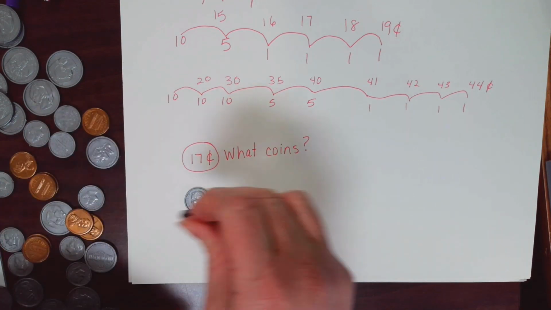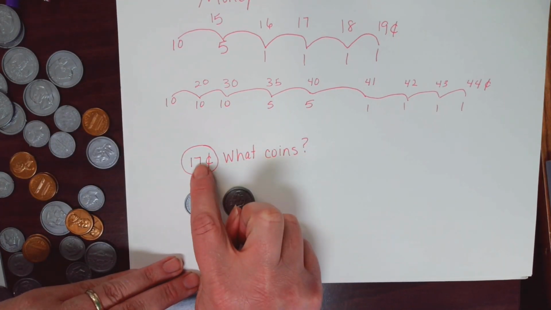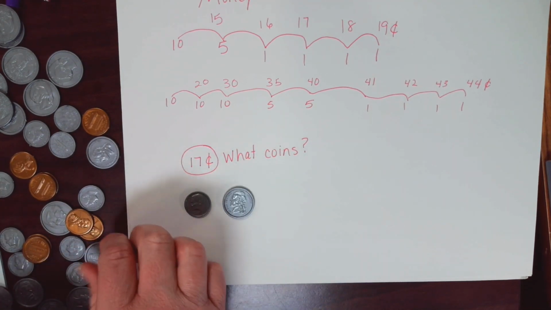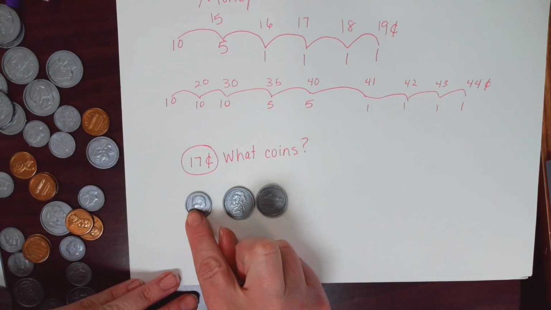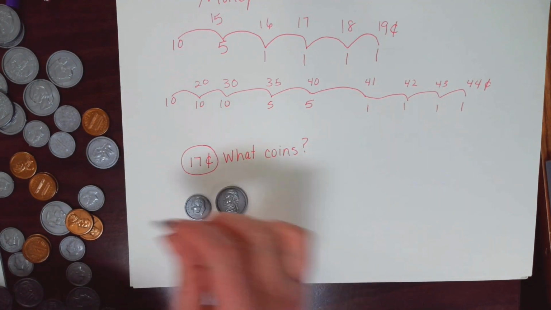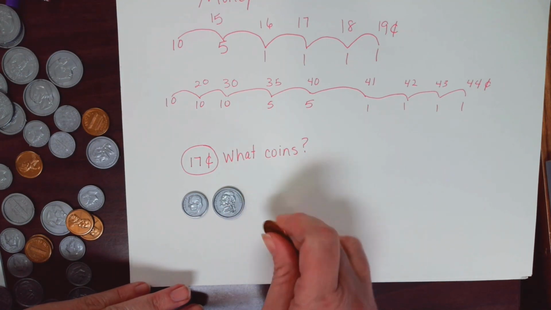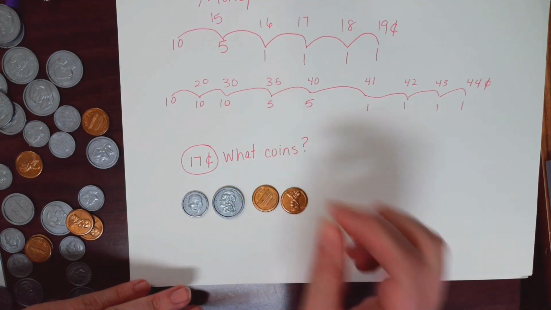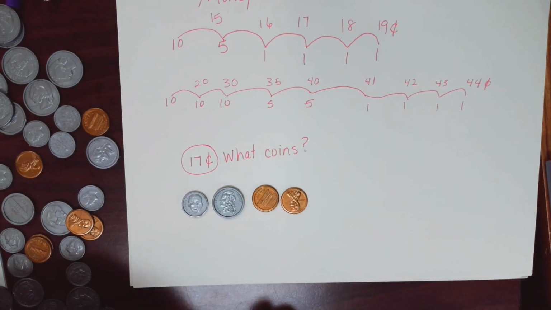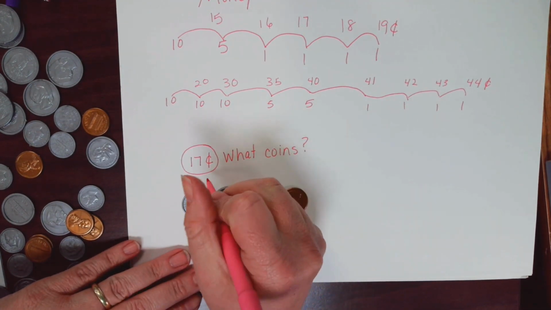So if I put a 5 with it, I've got 10 plus 5, which is 15. So I still need more, but I can't put another nickel because then I got 10, 15, 20. So that's not going to work. So I want to go 10, 15, 16, 17. 17 cents. So I can have 1 dime.